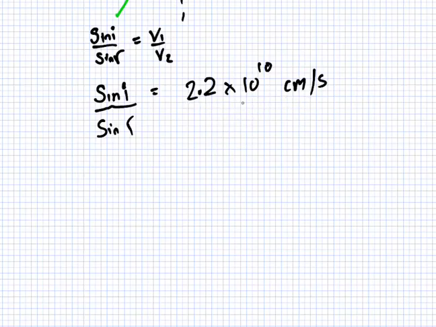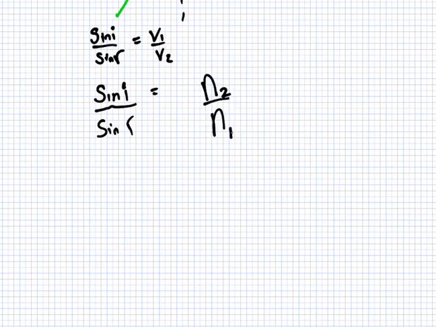Okay, wait, come on. We'll just use the other formula. What's the other formula? N2 over N1. Yes? Now, but I feel like it's going to be the same because what's our formula for N? It's C over V. So it's going to be the same thing.